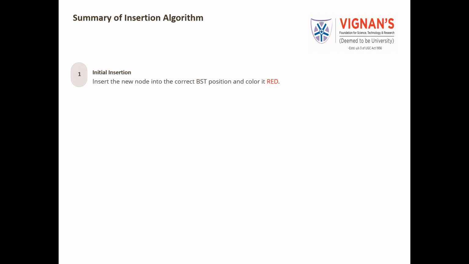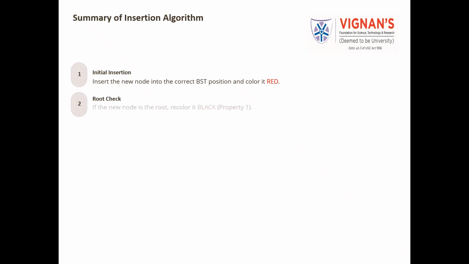Summary of insertion algorithm. After every insertion, the red-black tree properties are carefully restored. First, the node is inserted using BST logic and colored red. If the node becomes the root, it is recolored black.